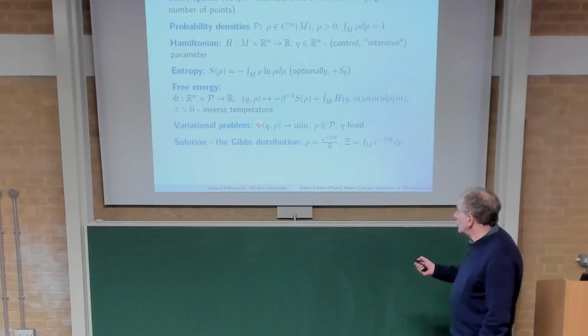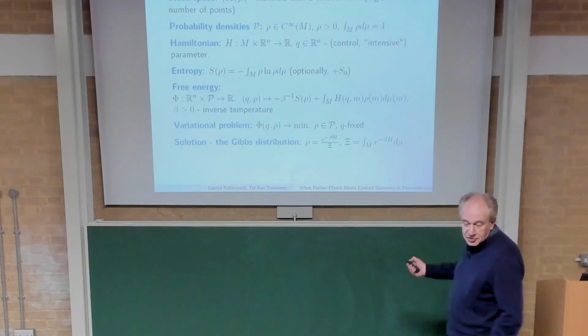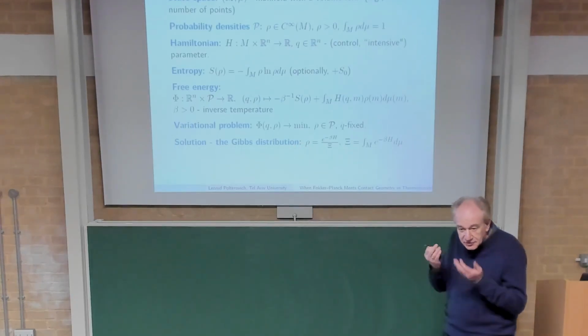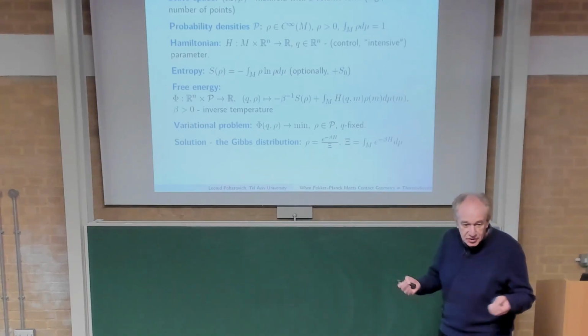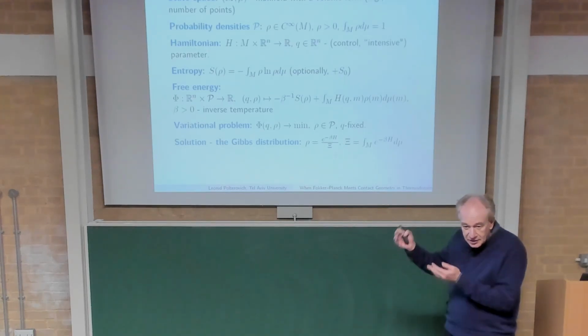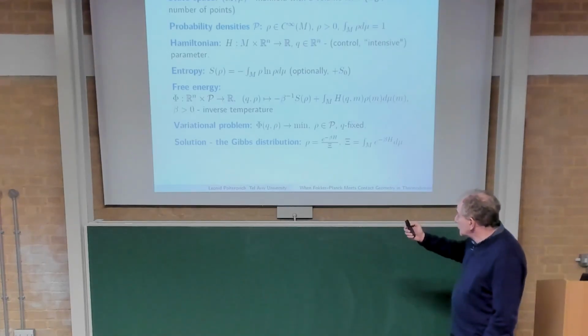Okay, so now this is, in a sense, quite a dramatic moment in equilibrium thermodynamics, because for a given temperature and for a given value of parameter q, we found the equilibrium distribution. So at the end of the day, the points of the state space will be distributed in this way.